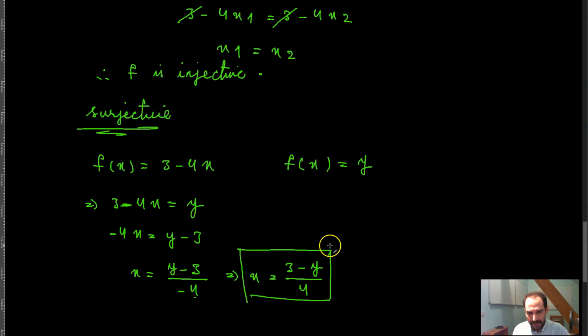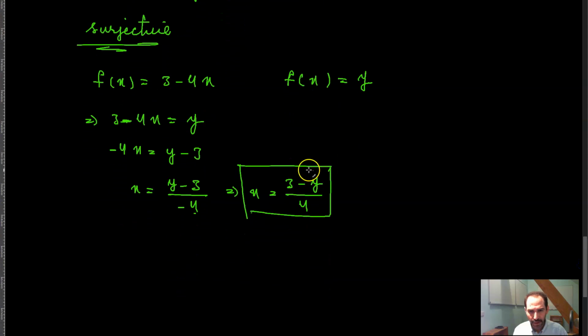So what that means is that now this x is basically the input of the function, right? We took y as the output of the function.